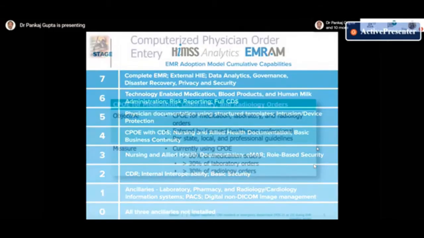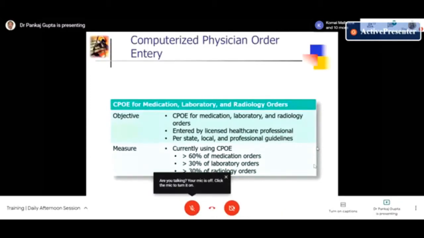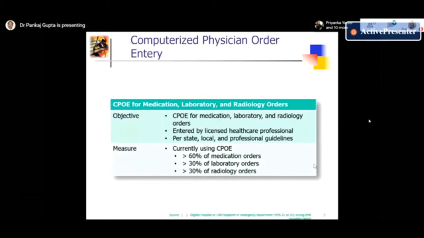In meaningful use, the Obamacare program, they have built in computerized physician order entry and BCMA. There are standards that were put in for CPOE. The objective was CPOE for medication, laboratory, and radiology orders entered by licensed healthcare professionals per state, local, and professional guidelines.